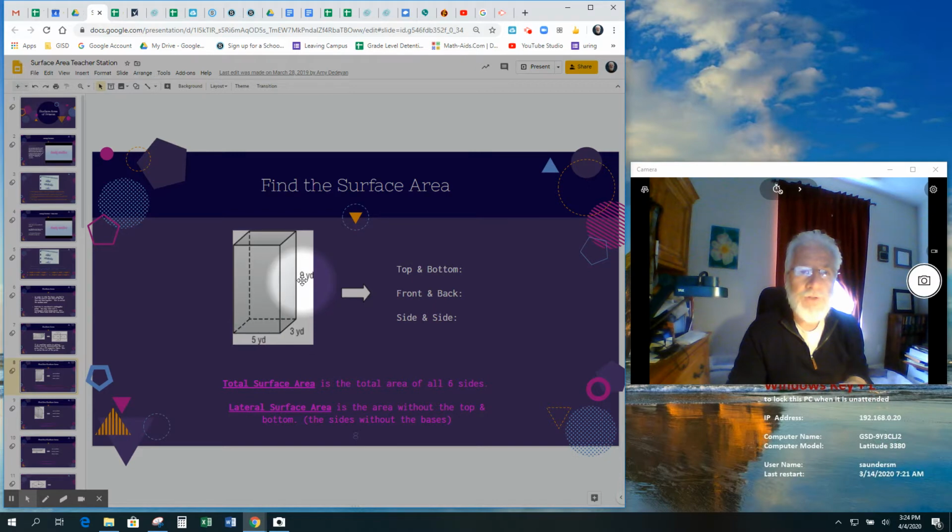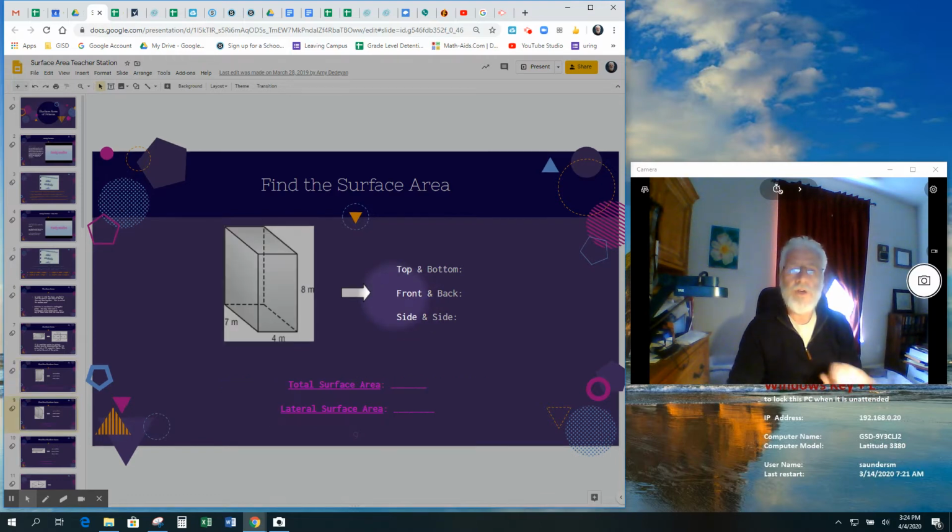So the lateral surface area would be the other 4 sides. Okay. So we'll ask you to calculate those in different problems.